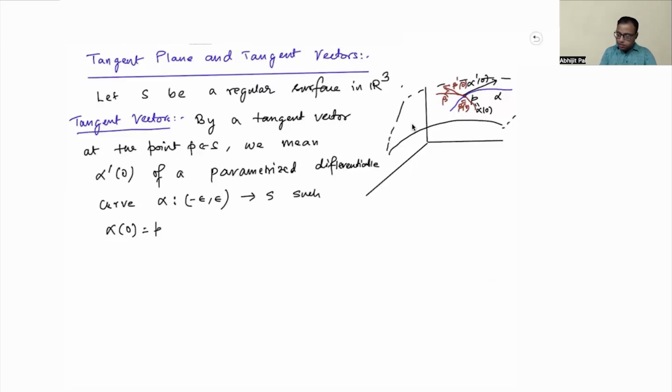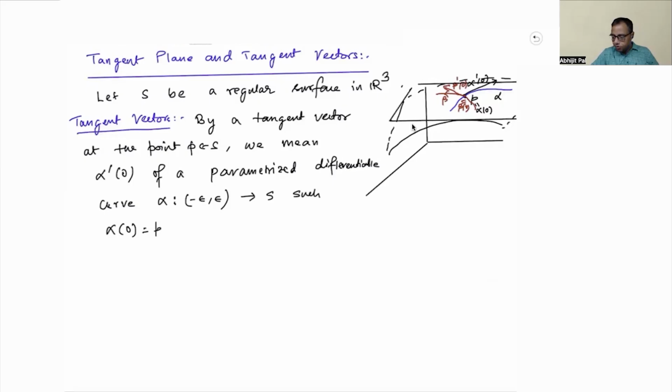Okay, so now let us prove this proposition. This set of vectors will form a plane, and if you transfer this plane to the origin, it will be a vector space of dimension 2. So let me draw this tangent plane here. The set of all tangent vectors at the point P will form a plane.